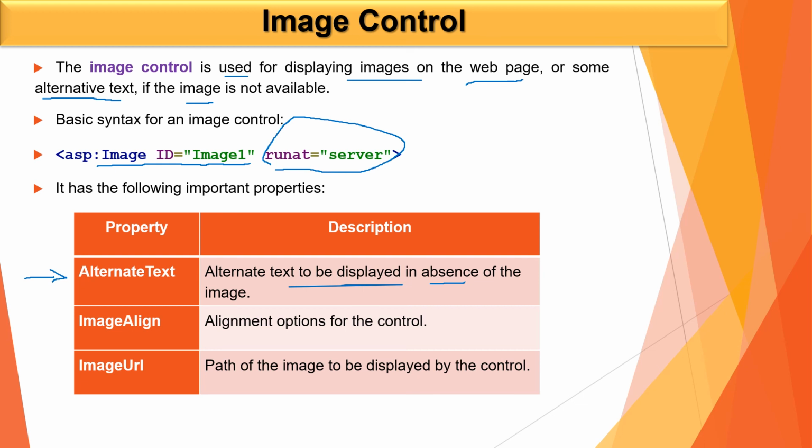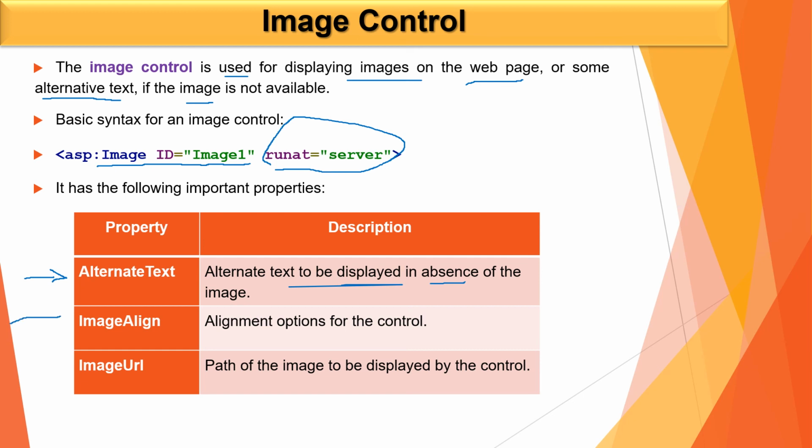So this is the alternative text which will be displayed. If there is no image, this alternate text will be displayed, and the user can select that text or that image control, and do whatever they want.